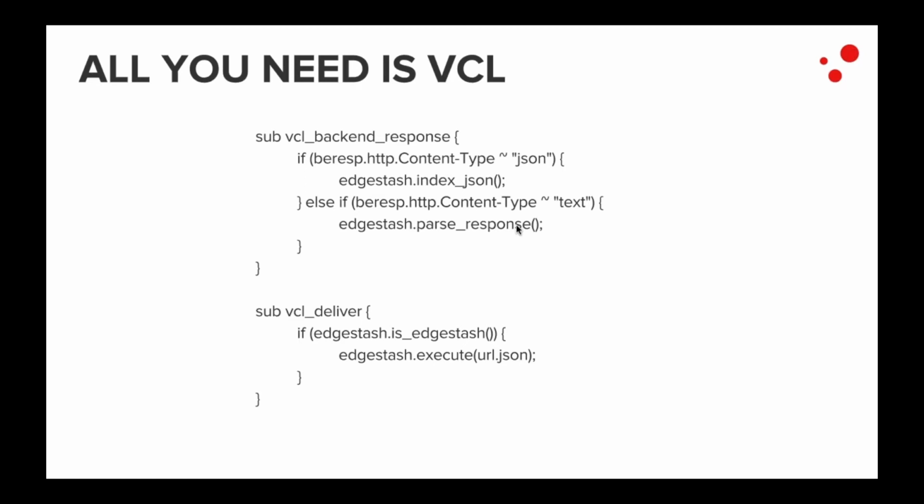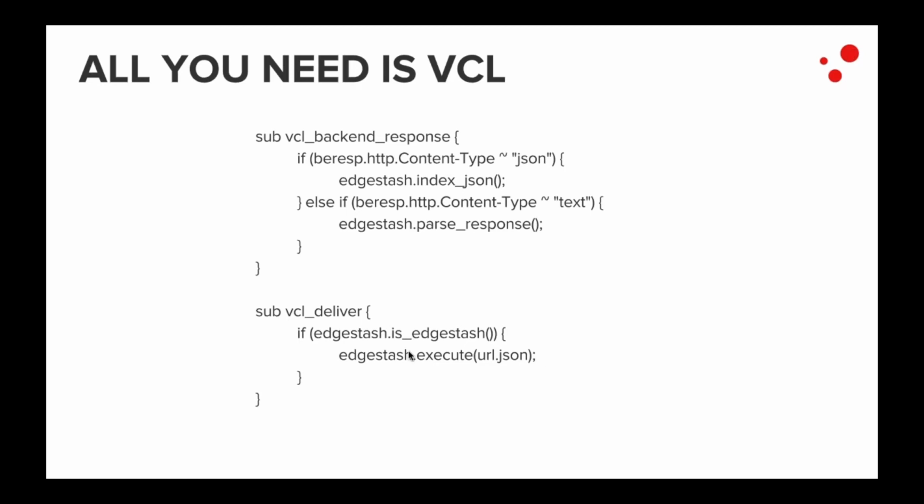So now we have received a new object, and it's either a JSON object or a text object. When we deliver the response to the final user, we first make sure that it's an Edgestash templating, and if it is, we simply execute it. So why don't you have to worry about anything?